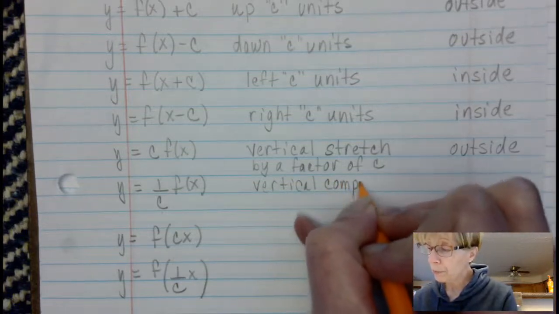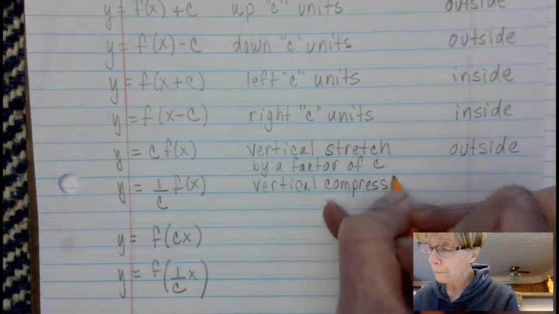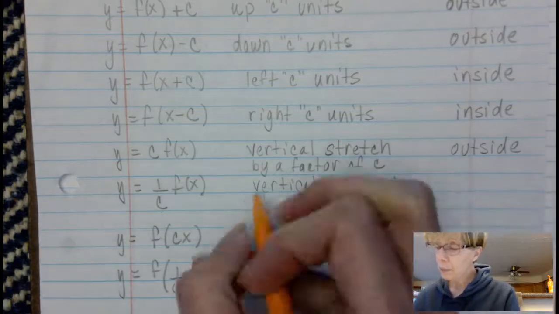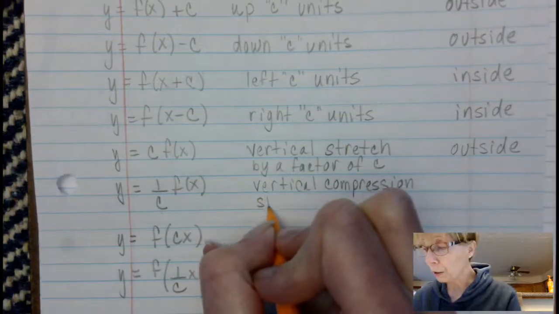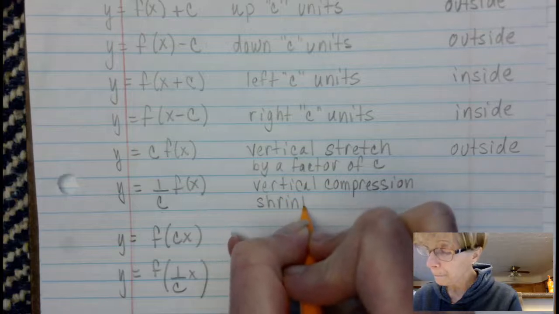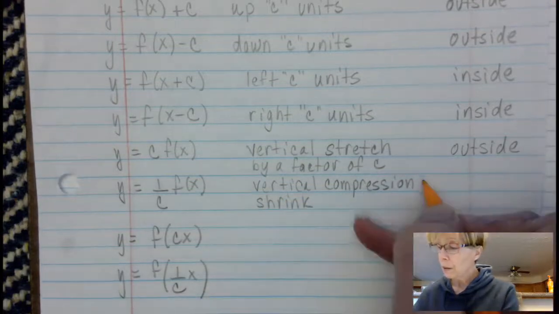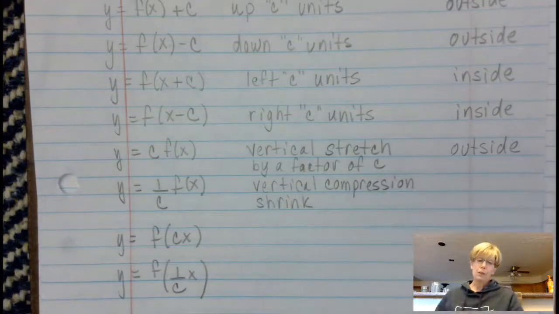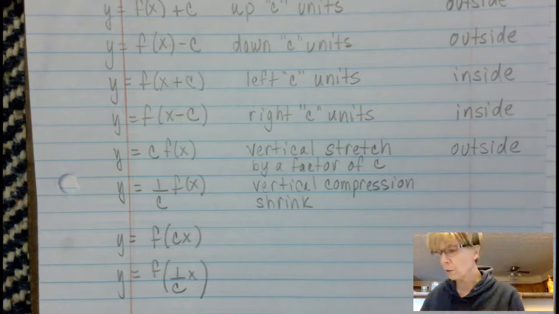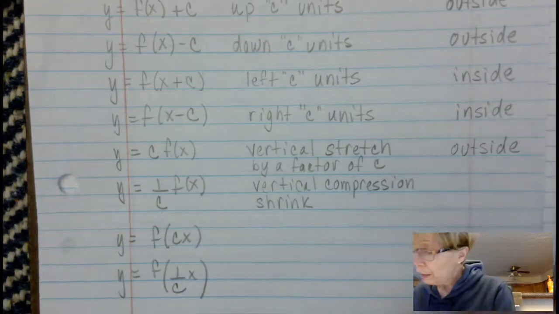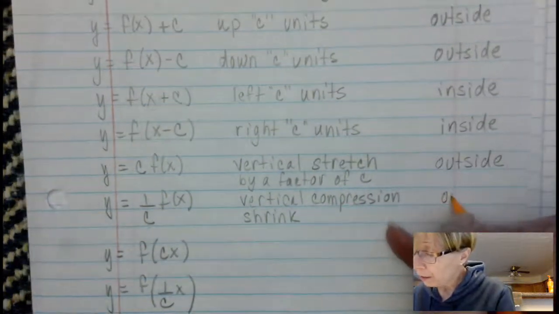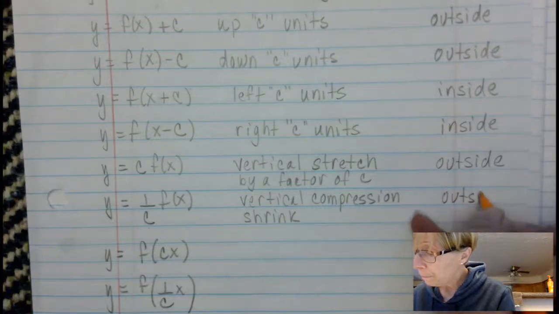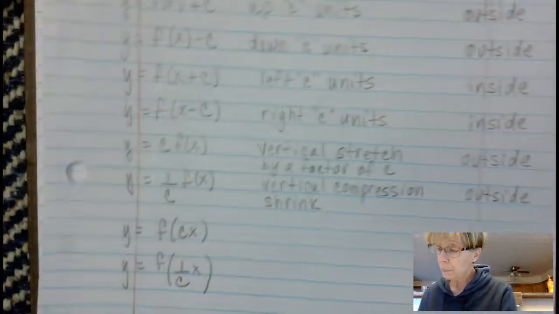Again, a better word is compression. And then if we have a fraction inside of the function, then this is going to be a horizontal stretch. As I scoot this over just for a second, I don't know if you can see those last two are insides.